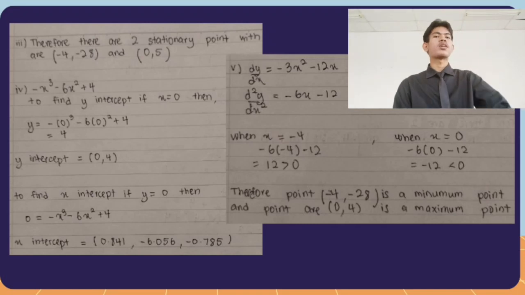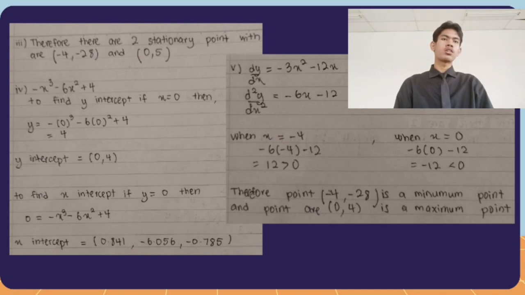After that, dy/ds equals negative 3s to the power of 2 minus 12s. The second derivative d²y/ds² equals negative 6s minus 12.